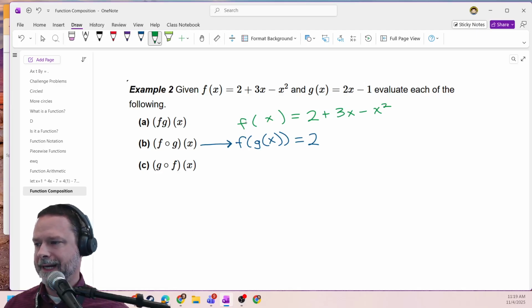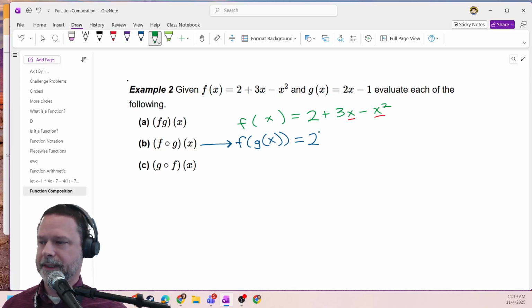But what I'm going to do is instead of x, I have g of x. So it is the same exact philosophy, the same exact thinking as before. So here's x, here's x. And whatever's in place of x is what we're going to put in there.